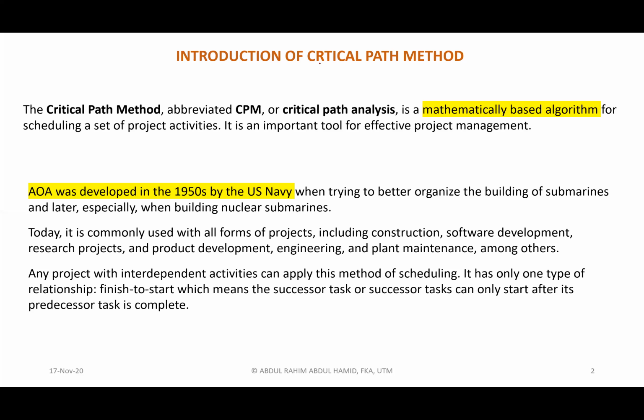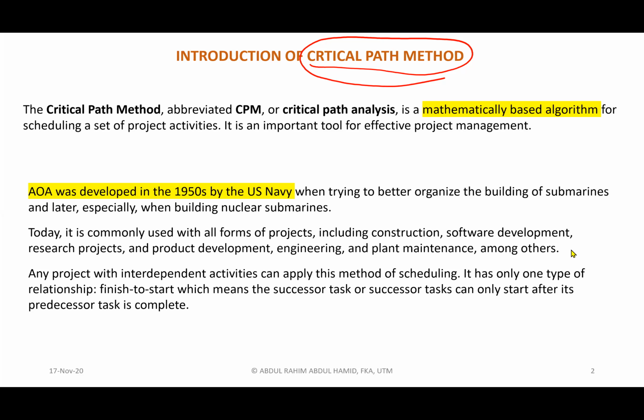So critical path method we already mentioned is the calculation method, or mathematical method, for us to figure out, for instance, the critical activities, and subsequently the values for early start, early finish, and whatnot.